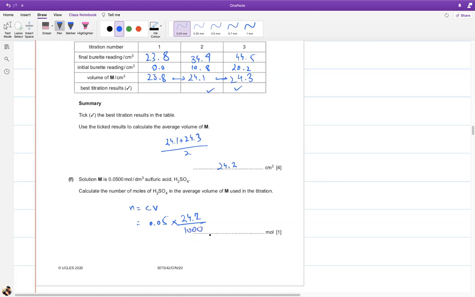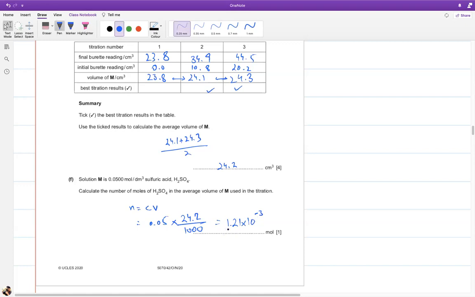I'm dividing by 1000 because I want to convert it to dm cube. So that way, my answer will be, again, you guys need calculators for this, 0.00121, or 1.21 into 10 power minus 3.